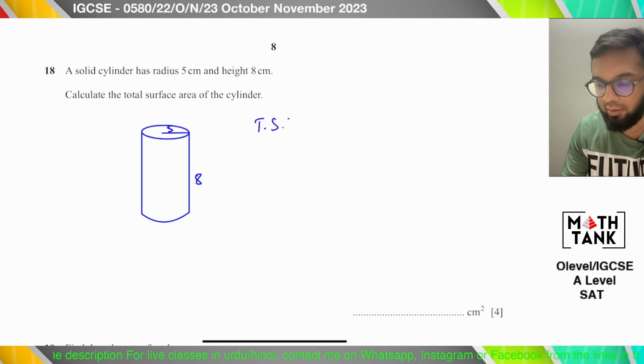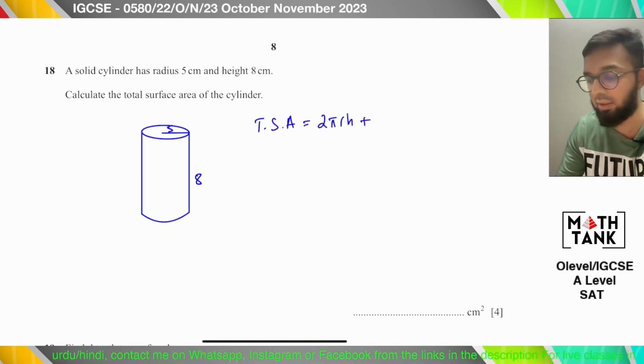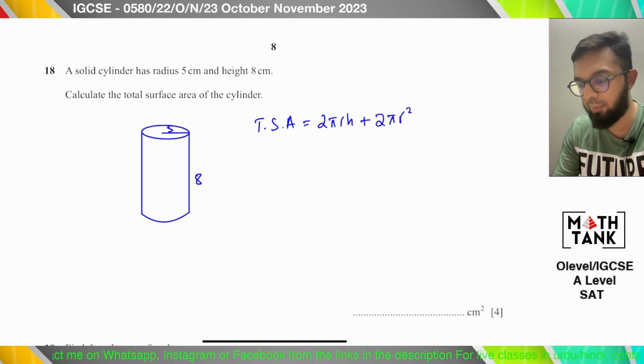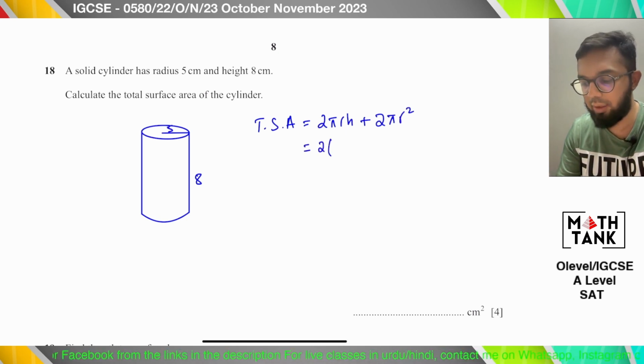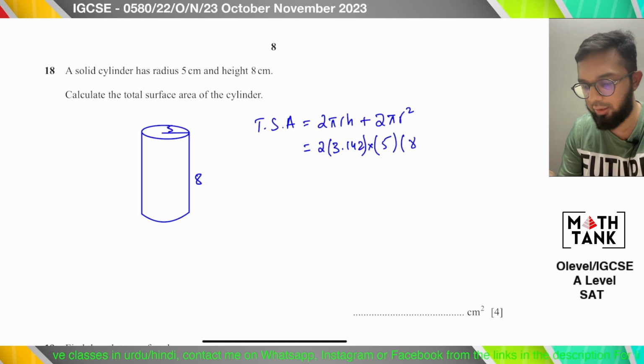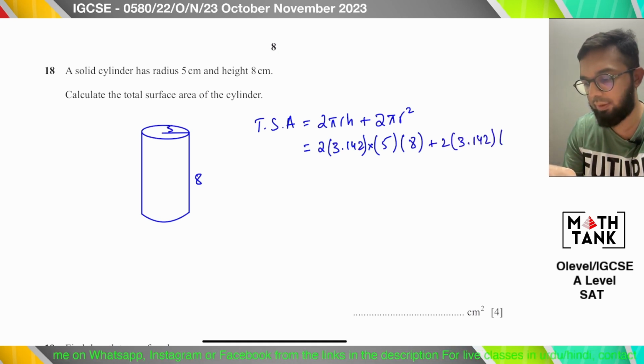So the total surface area of a cylinder is 2 pi r h for the curved surface area, and then 2 pi r squared for the bottom and the lid. So 2 times 3.142 times 5 times 8 plus 2 times 3.142 times 5 squared.